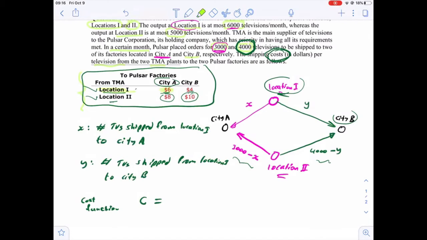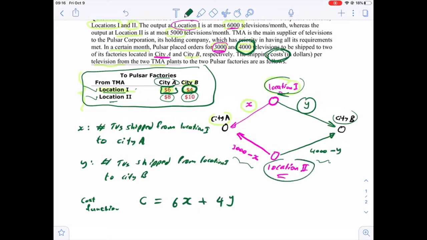We have $6 for each item shipped to city A and $4 for each item shipped to city B. So from location 1 we have X items shipped to city A, and each item costs us $6. And we have Y items shipped to city B, and each item costs $4.